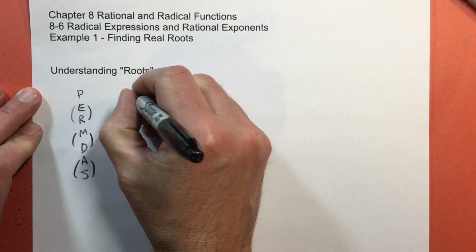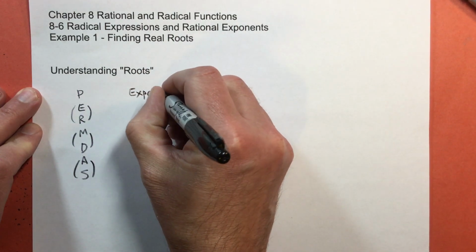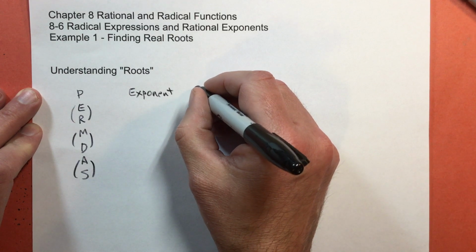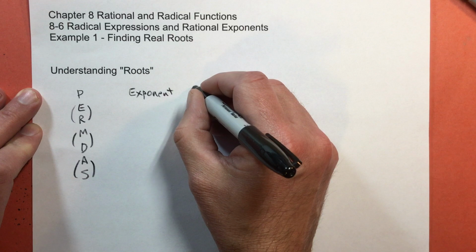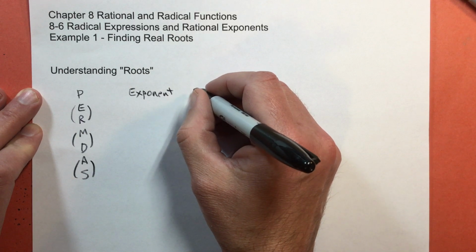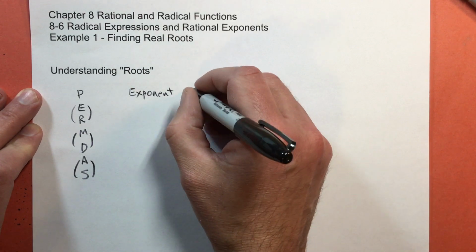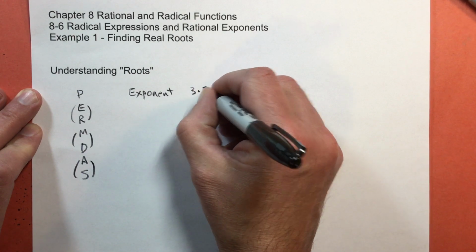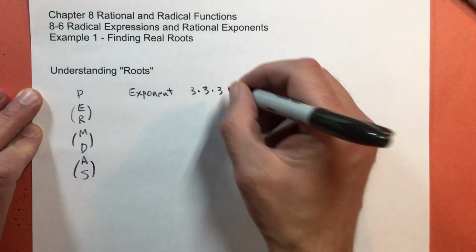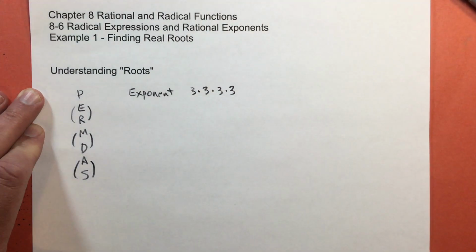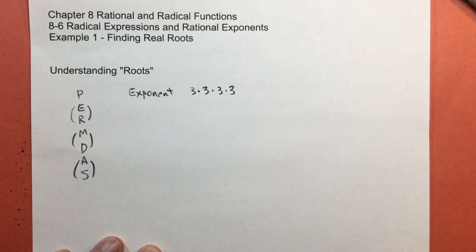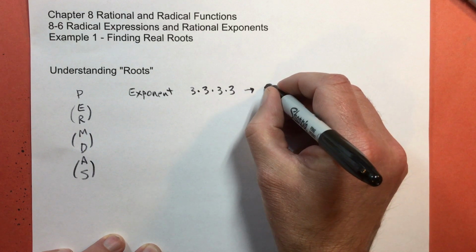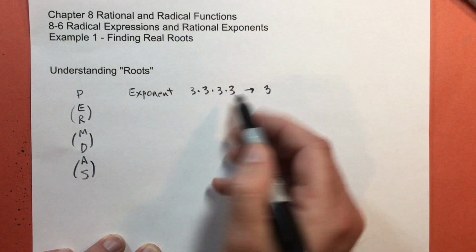For an exponent, if I have like 3 times 3 times 3, we'll say one more, so we're using a different number. You remember exponents. The way that we write this would be 3, and then we count 1, 2, 3, 4, 3 to the 4th power.